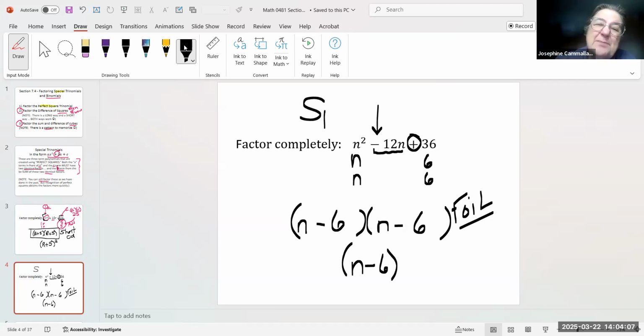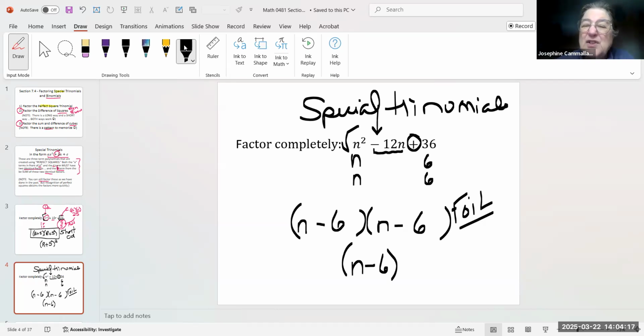Now, these are special trinomials. I have to be able to take the square of the first and the square of the last, they both must work. If the 6 and the 6 give a middle term that is not 12, I can't do it this way. It's not a special trinomial.